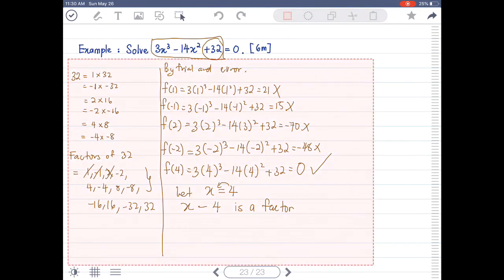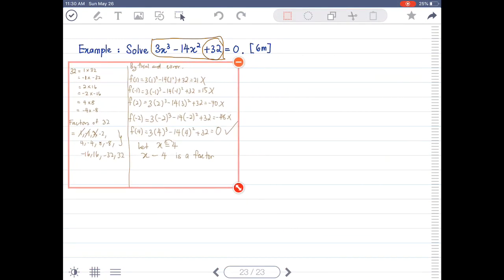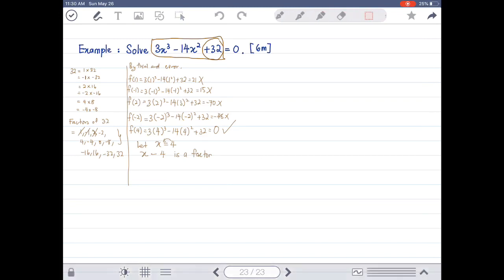Right now, we need to find the other factors. So what we need to do is the long division. Okay, so we have 3x to the power of 3 minus 14x squared plus, there is no term with x, so we just add 0x, plus 32.